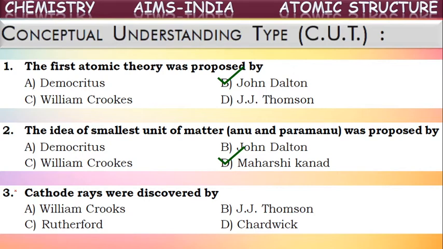So the credit of discovery is given to J.J. Thomson, even though the discharge tube experiment was earlier done by William Crookes, because he gave the complete description of the properties of these cathode rays: what is the charge of those particles, how they travel, what the mass of these particles is, and how they are deviated in the presence of electric and magnetic fields.